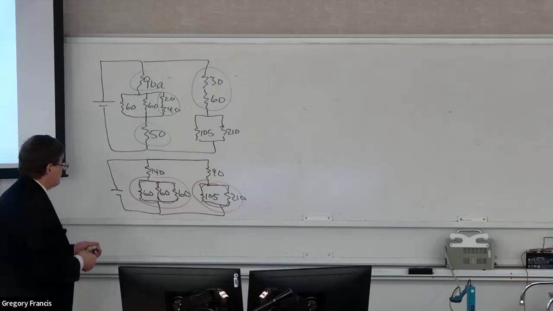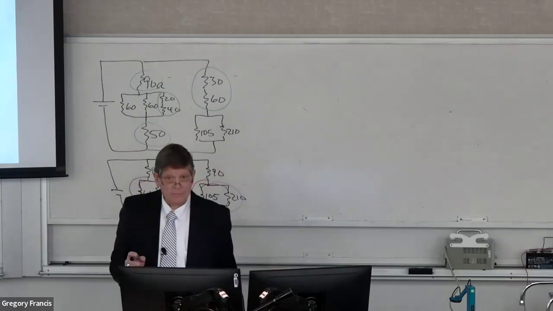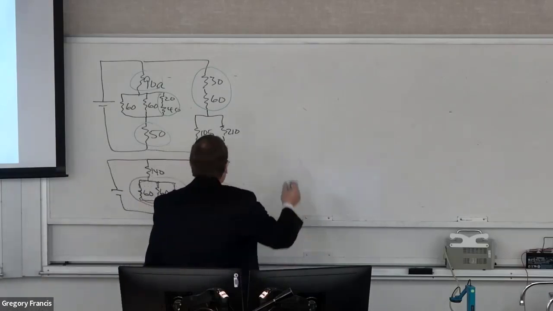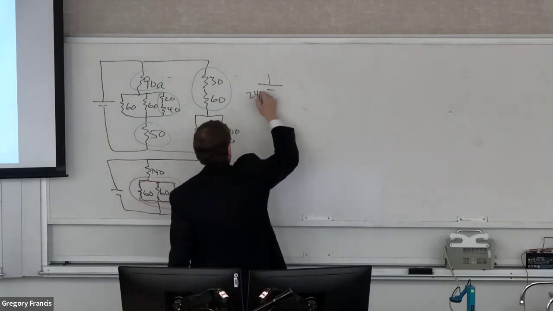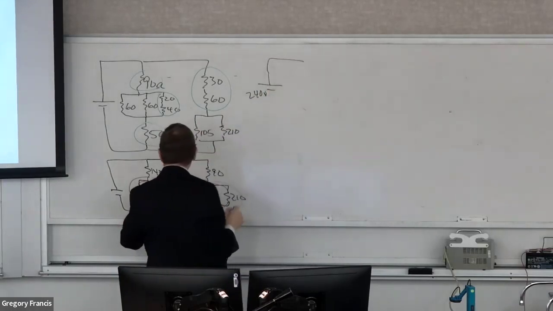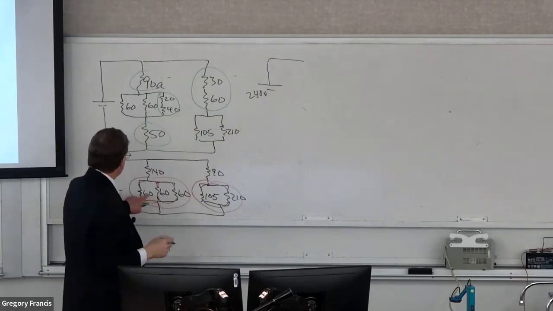And then I would redraw the circuit again. You should have a lot of scratch paper when you go into your exam, because you're going to have at least one of these problems. So now I've got my 240 volts. And the 360s look like a 20, don't they?